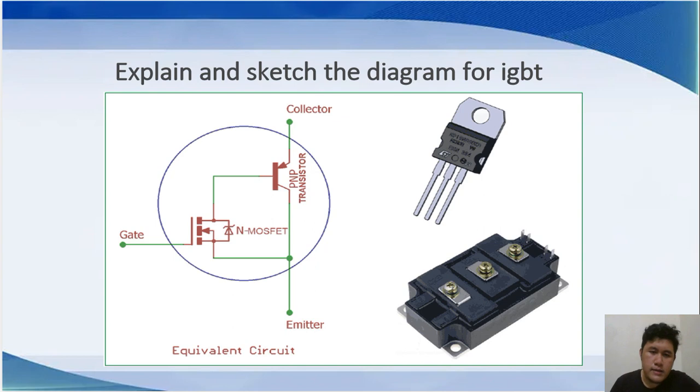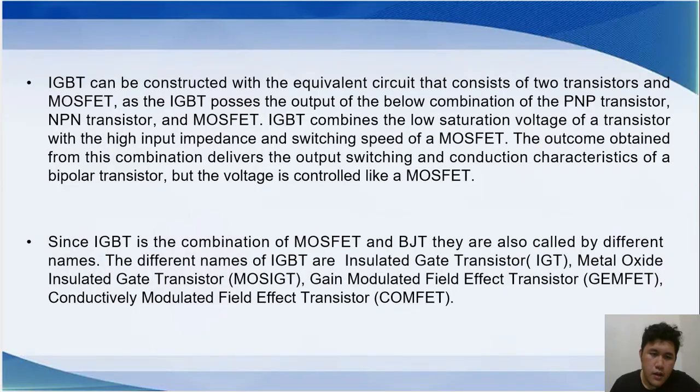Next, explain and sketch the diagram for IGBT. This picture is a diagram for IGBT. IGBT can be constructed with the equivalent circuit that consists of two transistors and a MOSFET, as the IGBT possesses the output of the below combination of the PNP transistor, NPN transistor, and MOSFET.